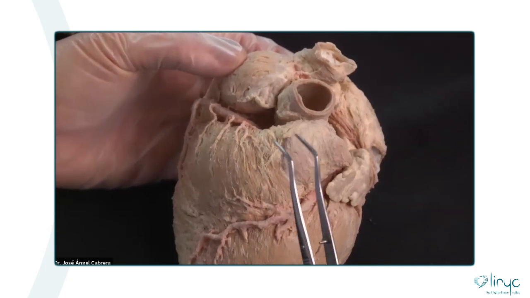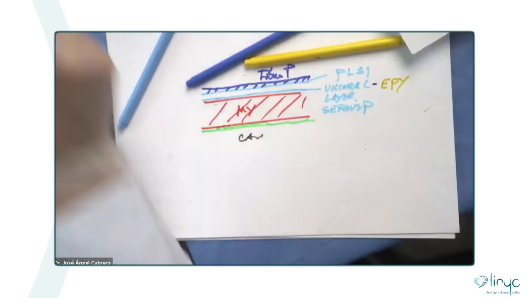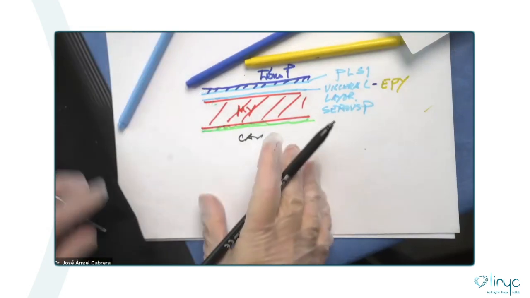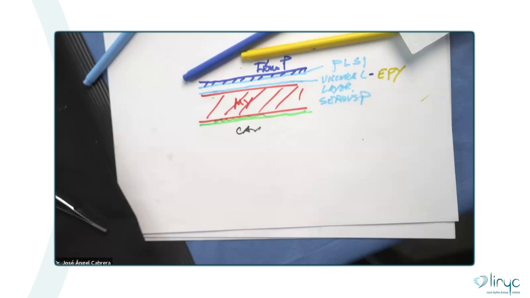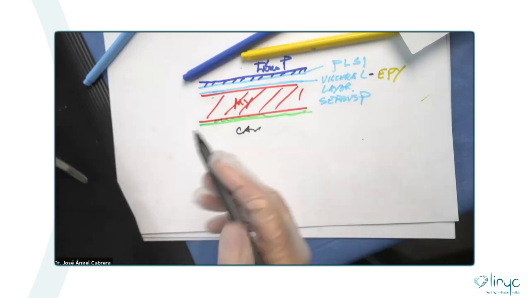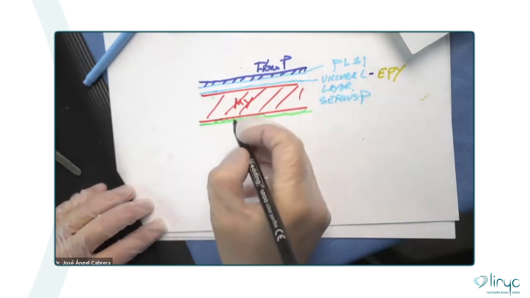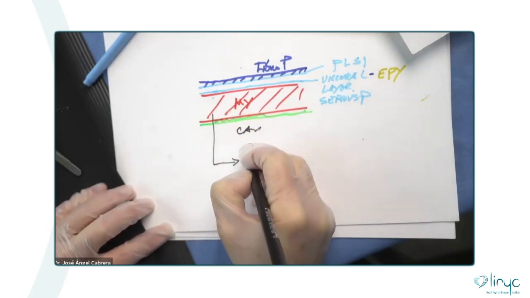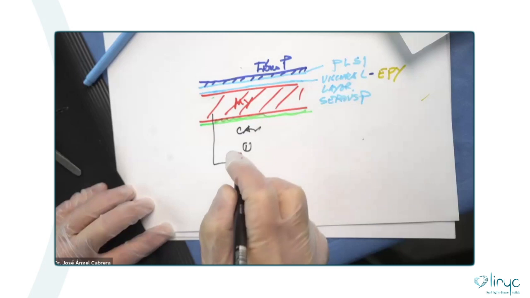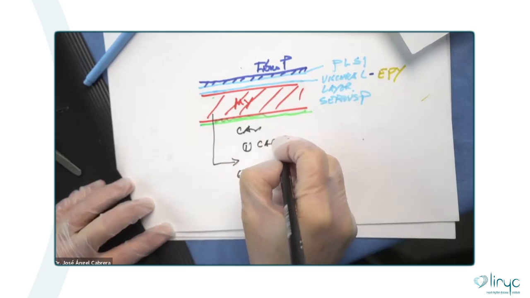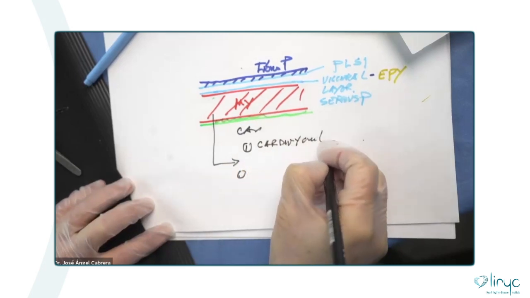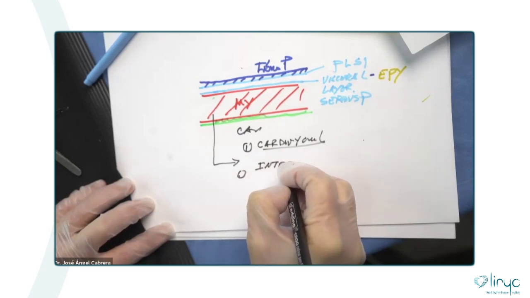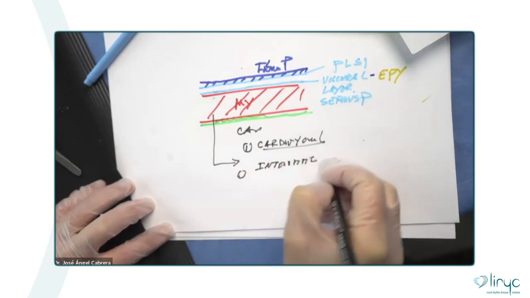Okay, this is crucial to understand what is the myocardium, and for cardiologists and for people that are at the beginning, it is also crucial to understand that the myocardium has two components. One is the cardiomyocyte, and the second is the interstitial space.